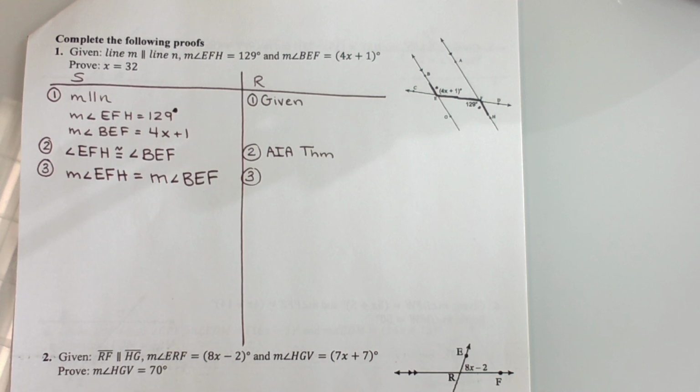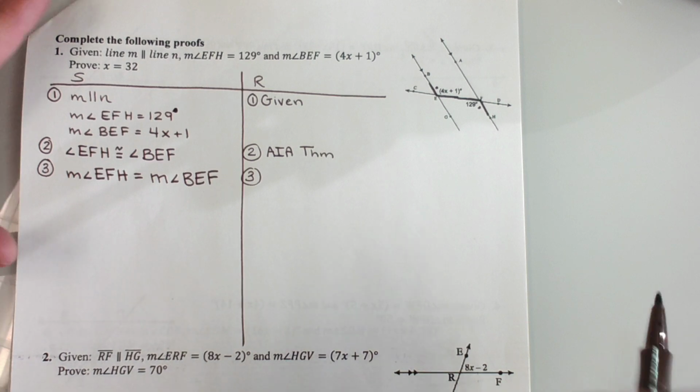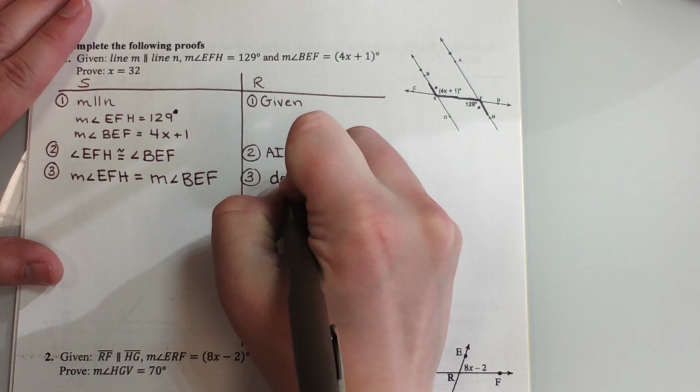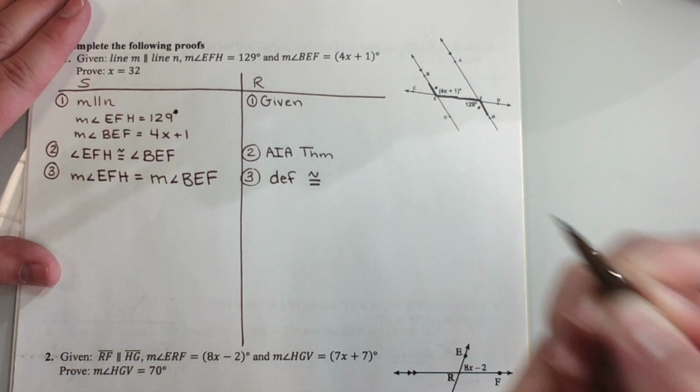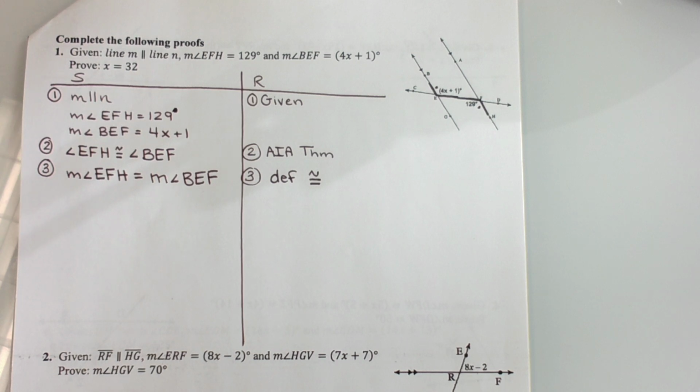Now that's what congruent means, and if it's what something means, it's a definition. Specifically, it's a definition that's on your orange sheet. It's the definition of congruent, because it's what congruent means. So definition, I tend to leave off the word of because I get lazy and I just write congruent.